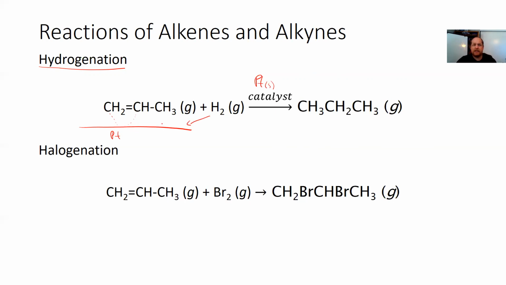And so it brings the hydrogen in proximity to the rest of the molecule so that the hydrogen can, what we call add, so H2 adds across the double or triple bond.